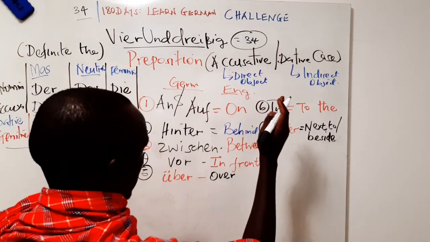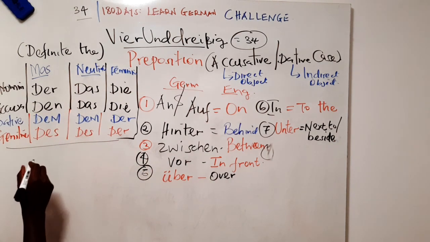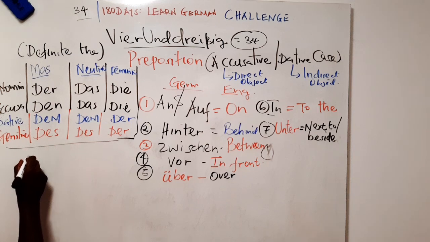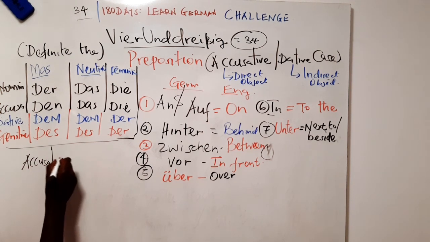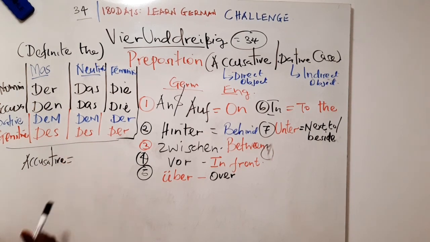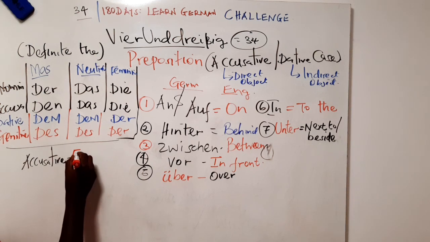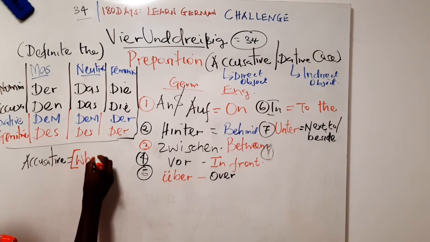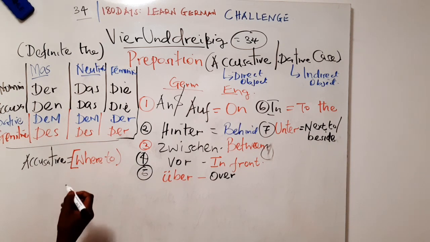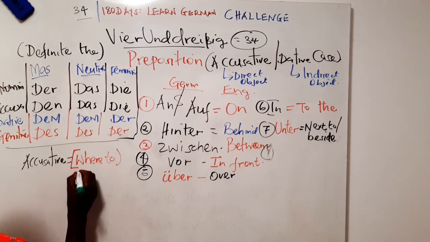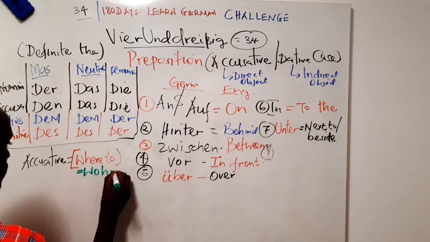One quick thing to note is, when you say accusative, you want to answer the question where to. In German, this is equivalent to wohin.